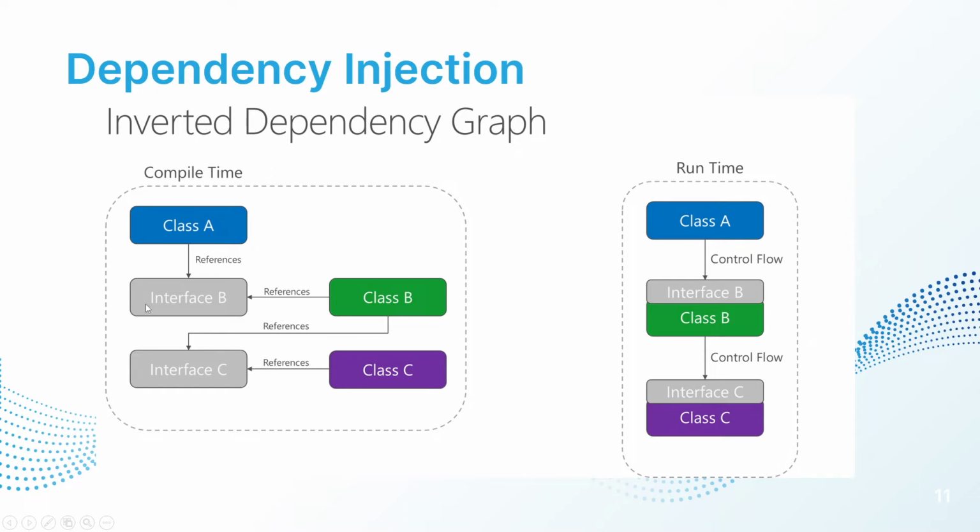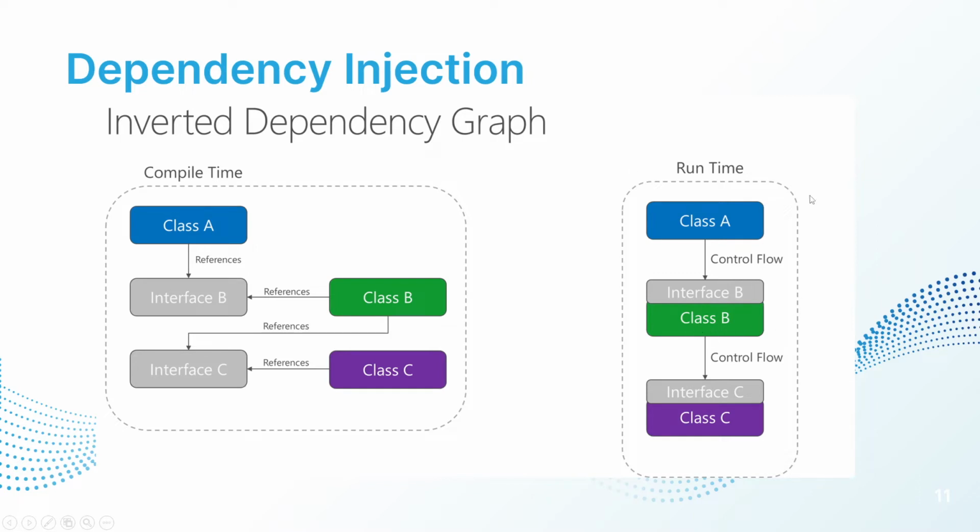For example, let's suppose we have a class A that needs an interface B and an interface C, and at runtime, we have the dependency injection on them. What does this mean? This means that we have the concrete classes injected on each of them.